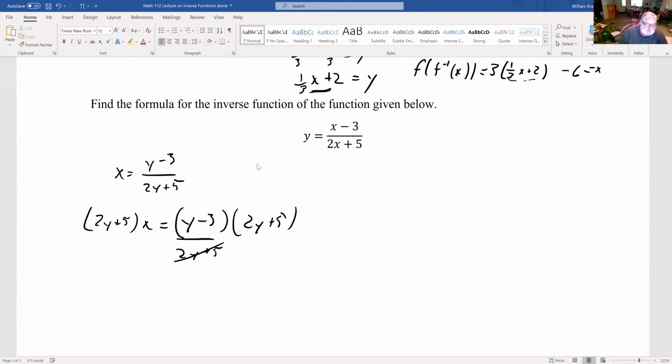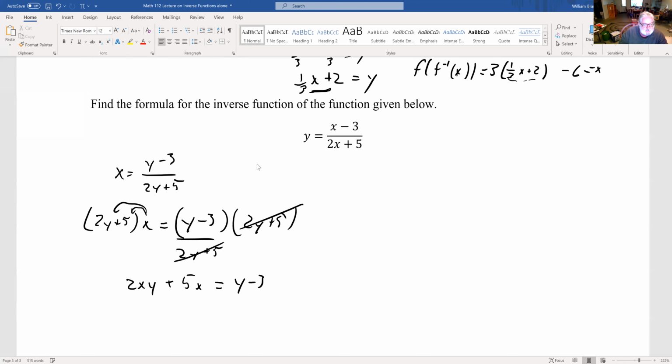And then these two cancel out, and I can distribute the x. If I distribute this x on this side, I get 2xy plus 5x equals y minus 3.